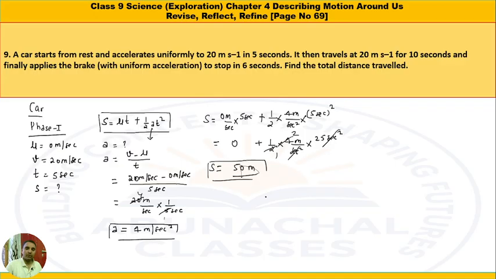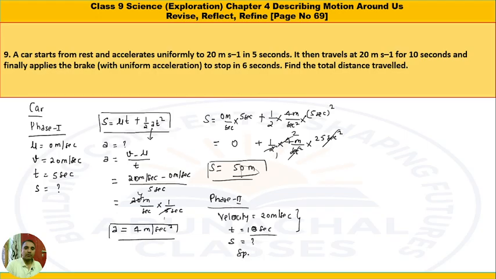Now for phase 2, in phase 2 we can see that this car is traveling with the velocity of 20 meter per second for a time of 10 second. This is what we need to find here, the distance also.